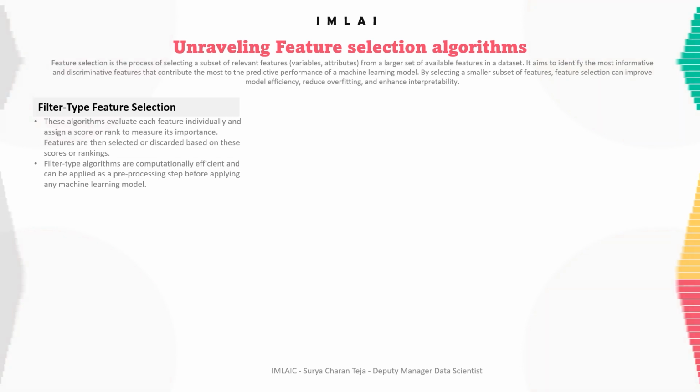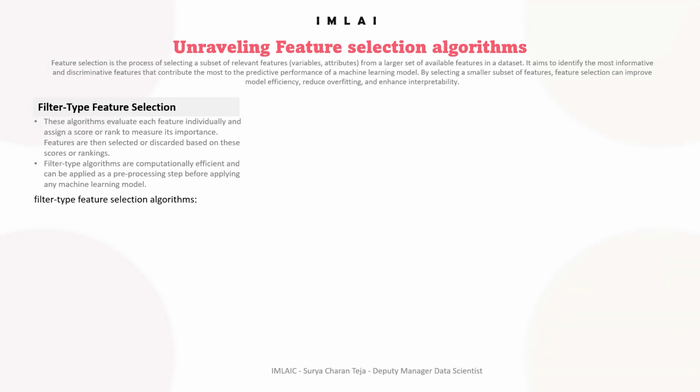Let's look at examples of the different types of feature selection algorithms that we have under filter type feature selection. Filter type feature selection algorithms include the variance threshold method.